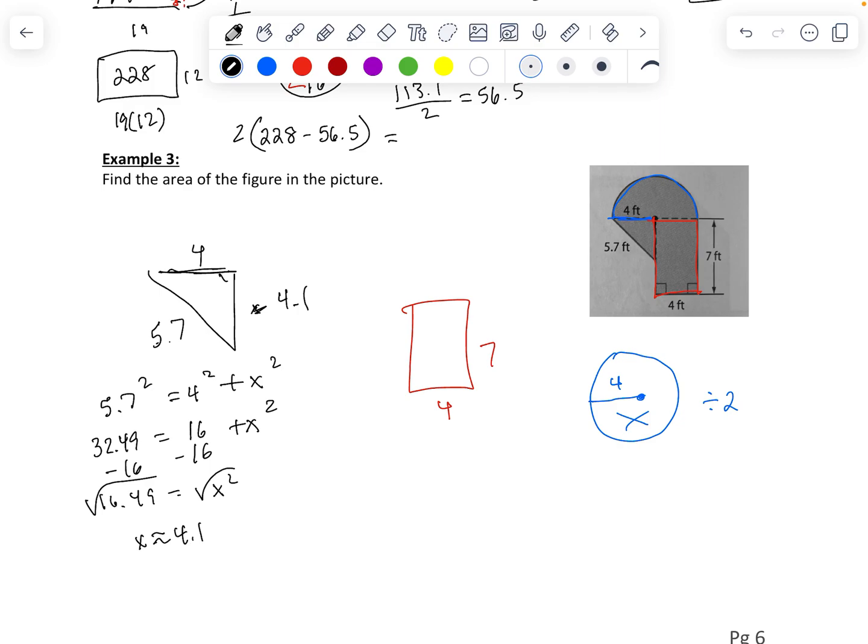Okay, so cool. We have everything we need to now solve. A triangle is base times height divided by 2. Base times height divided by 2.